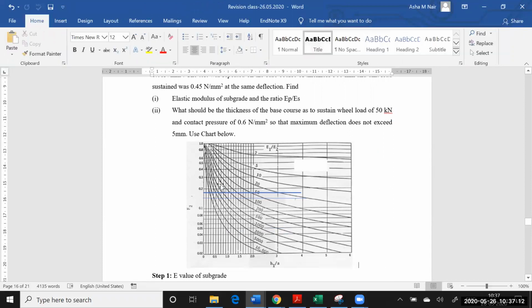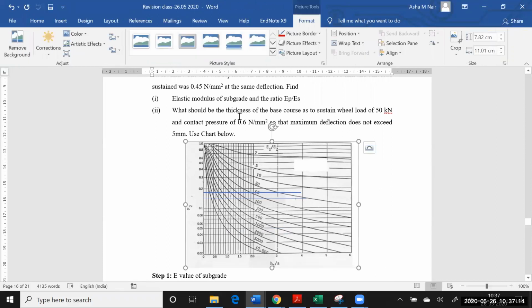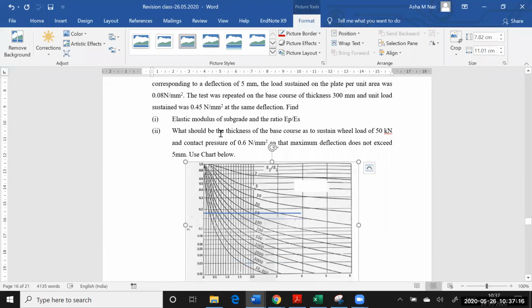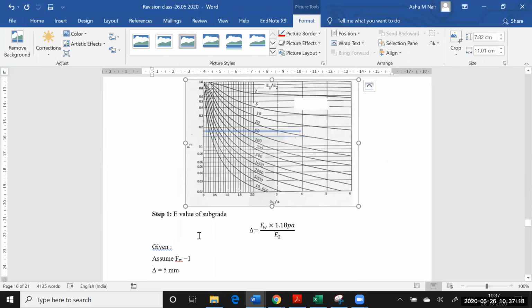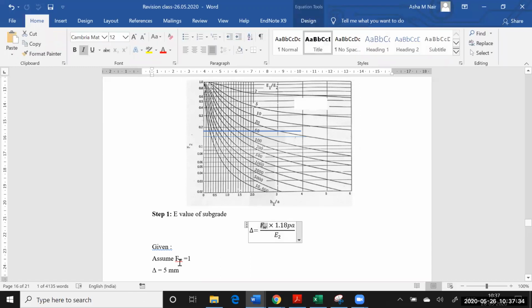In the first step, to determine the E value of the subgrade, first you have to assume that it is a rigid plate, a rigid pavement, and you assume the value for Fw equal to 1 to start with. Only for the subgrade, we consider Fw equal to 1.